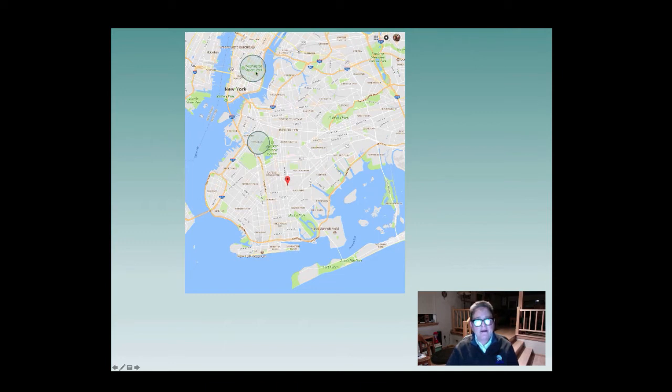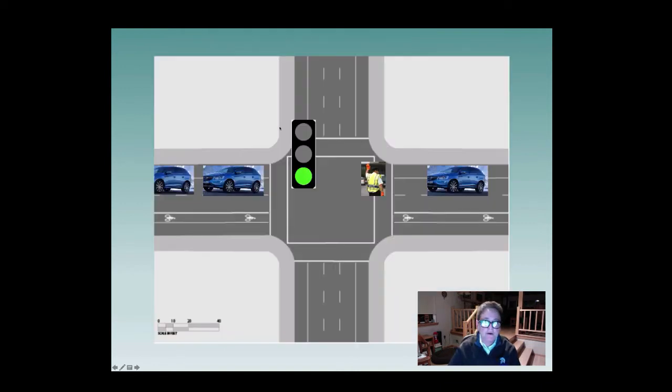Right here in Washington Square Park, or very close to there, one block away, was where my office was located at NYU. So I would literally drive down Flatbush Avenue for a couple of miles, go over the Manhattan Bridge, and then jog over, meaning with my car, to Washington Square Park.